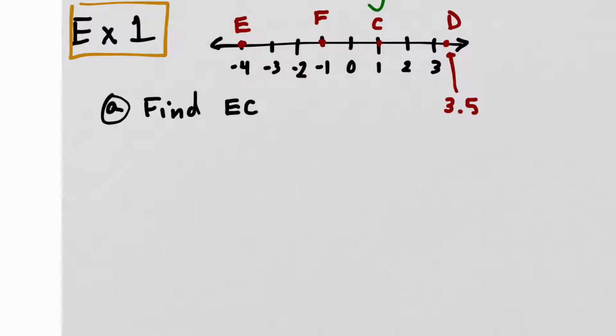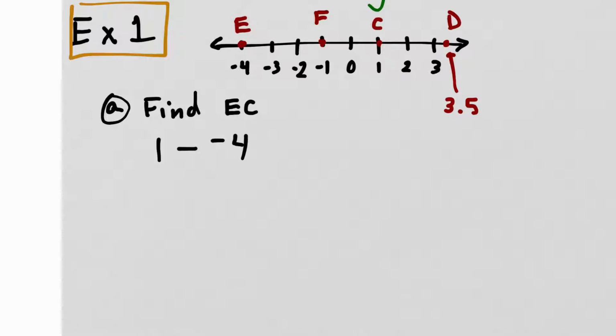So just to refresh our memories, we would do 1, because 1 is farther to the right, that means it's bigger. So we'll do 1 minus -4, include the negative. You can write it like that, or you can put parentheses around it.